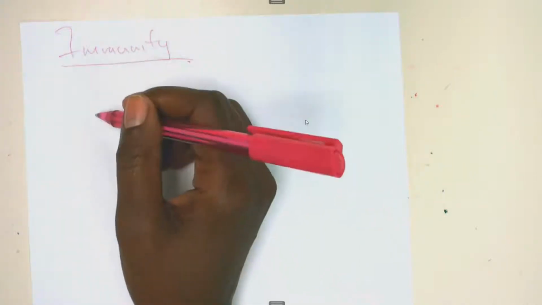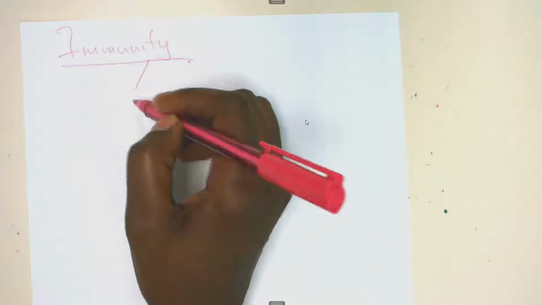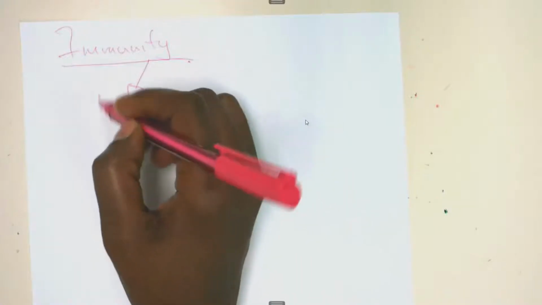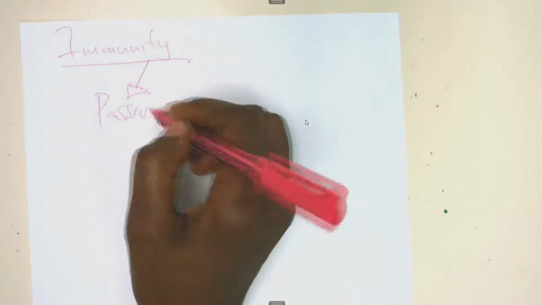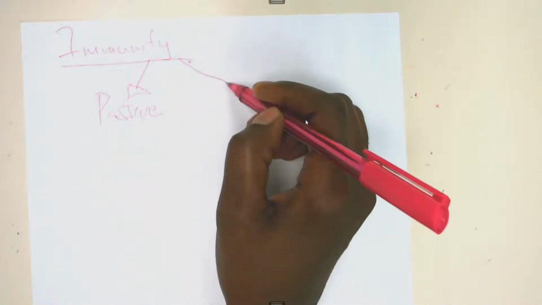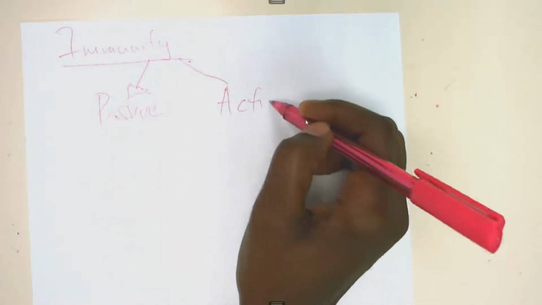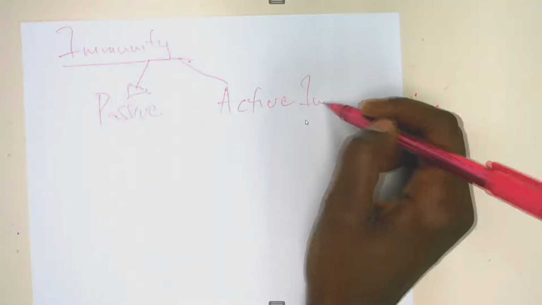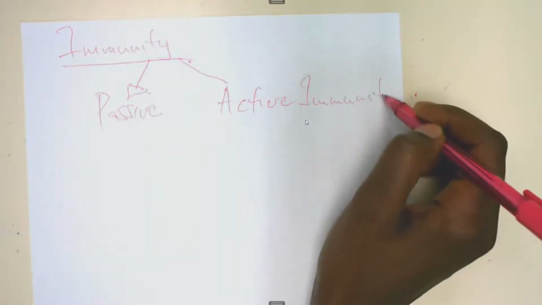So immunity, we have 2 types of immunity. The first one is passive immunity, and the second one is active immunity.